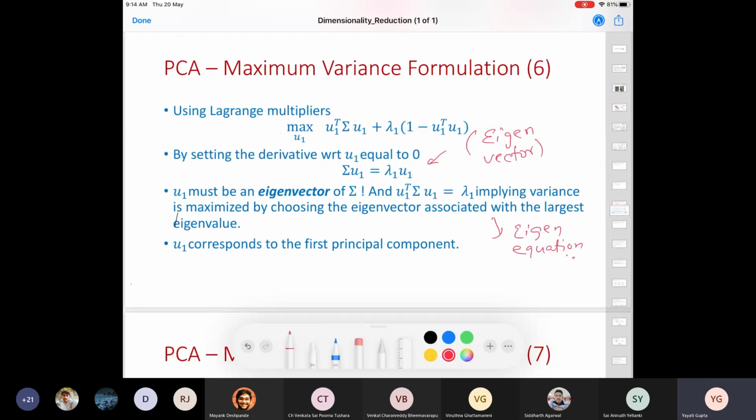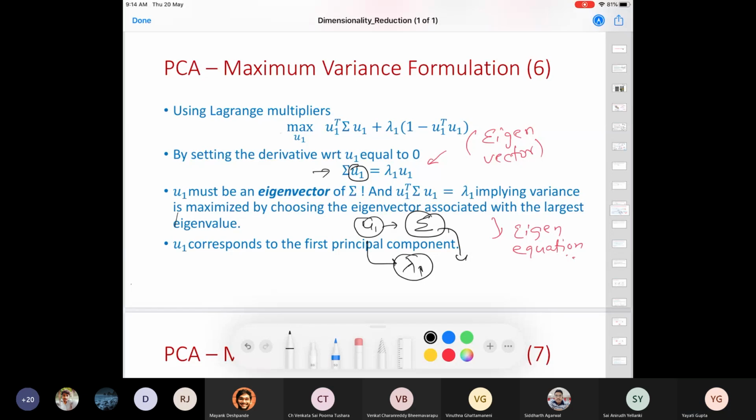I hope you went through what eigenvalues and eigenvectors are. Essentially, this equation means that u1 is an eigenvector of your variance matrix sigma, and the eigenvalue associated with this eigenvector is lambda 1.